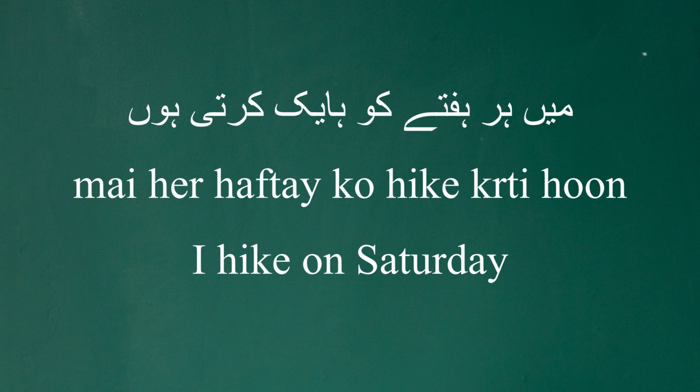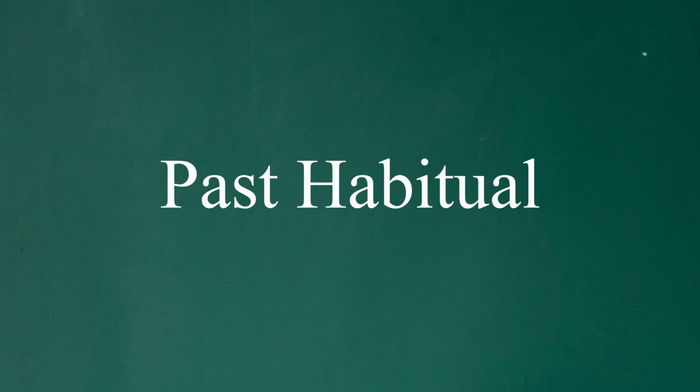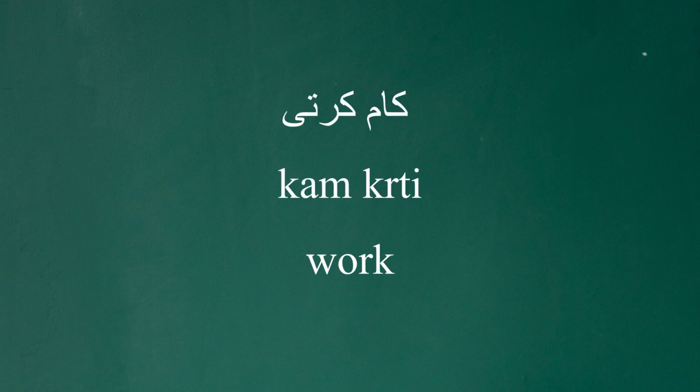The next one is past habitual. Past habitual is something we used to do, something that was our habit in the past. So it's pretty similar to the present simple. The suffixes are similar, but the ending is different. Let's say काम करना. We'll use the same suffix, काम करती.